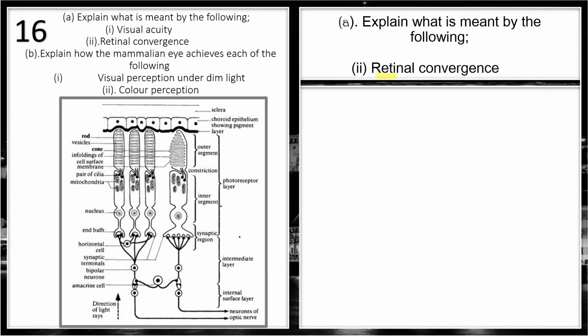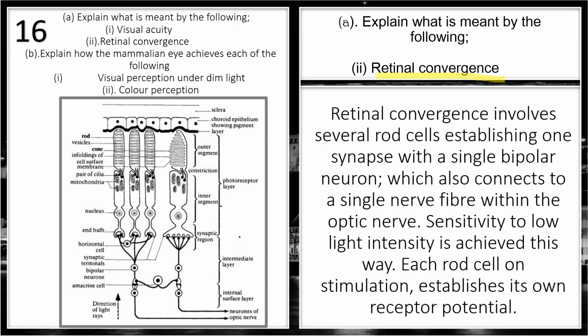Let's now look at retinal convergence. Retinal convergence involves the rod cells establishing one synapse with a single bipolar neuron, which also connects to a single nerve fiber within the optic nerve.